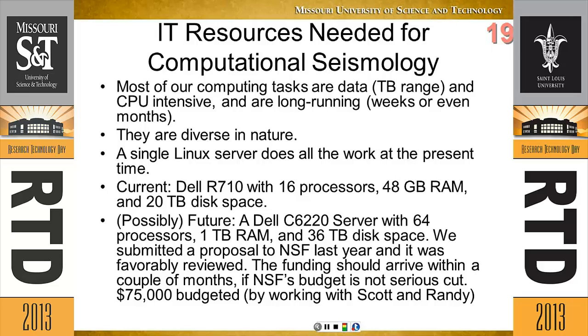We are requesting another Dell computer, with 64 processors, 1 terabyte of RAM and 36 terabytes of disk space. This one is 48 only. We were just told that they are going to give us money to buy it as long as NSF does not cut the budget. So that's very likely. Maybe within a couple of months, we will have a new computer, which is much more powerful and has a lot of space.